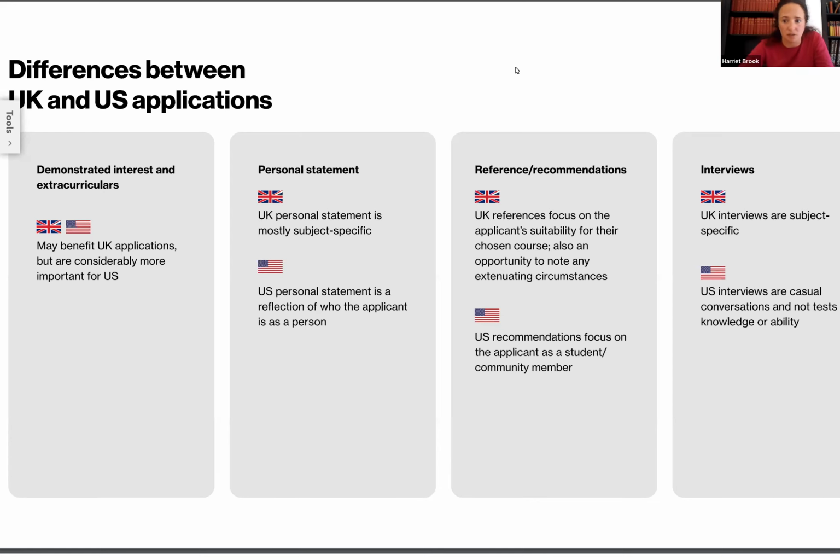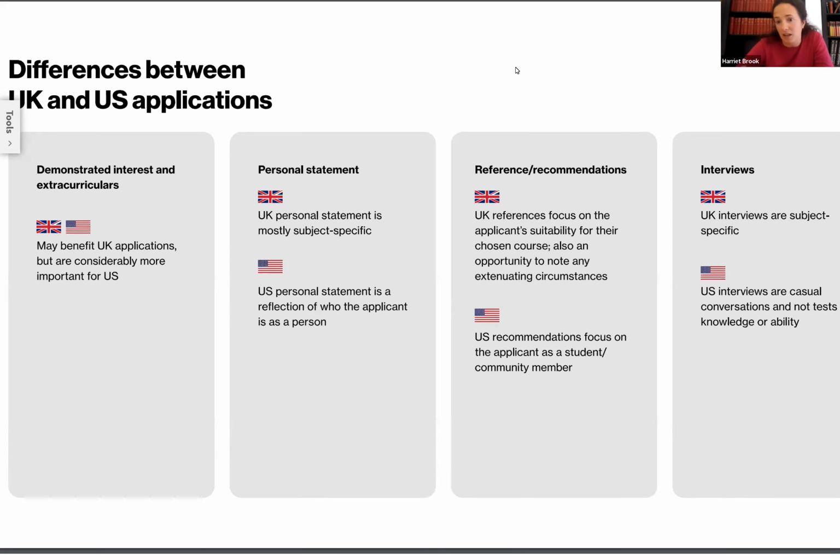That might be independent reading, listening to podcasts, watching TED Talks, perhaps work experience. Some degrees, particularly medicine, massively benefit from work experience. If you haven't done any and you're applying to read medicine, your chances are reduced significantly.